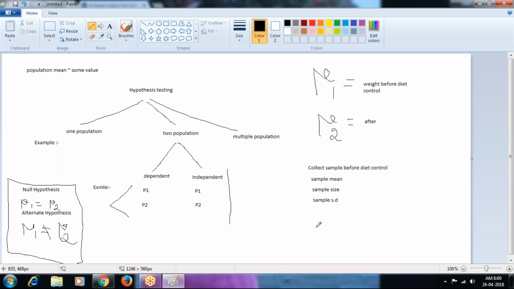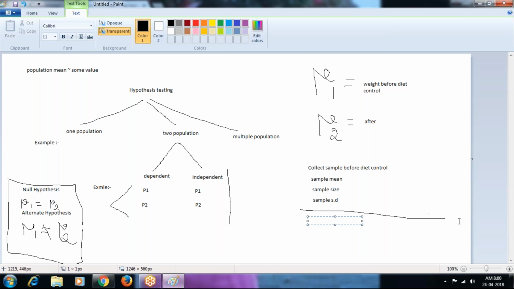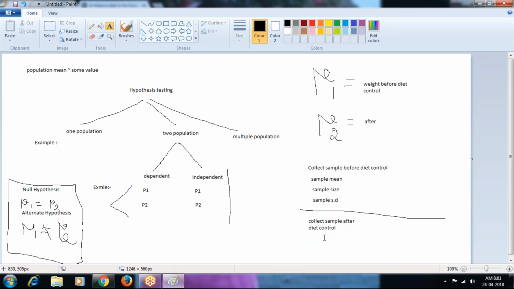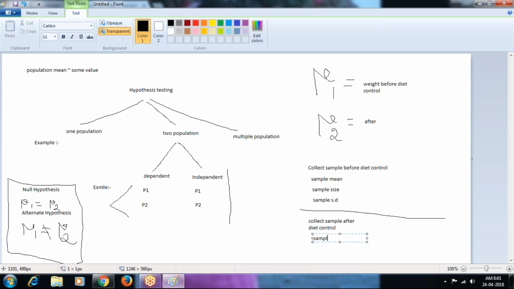Similarly, you collect a sample after diet control: the same sample mean, sample size, and sample standard deviation.